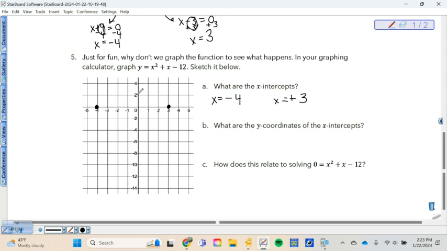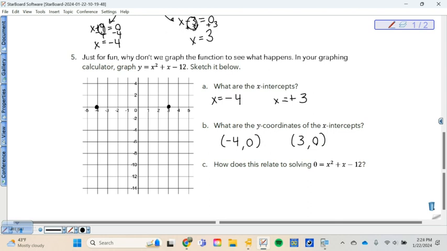What are the y coordinates of the x-intercepts? 0. Good. Okay, it's negative 4, 0, and 3, 0.